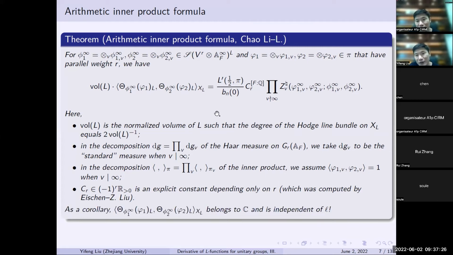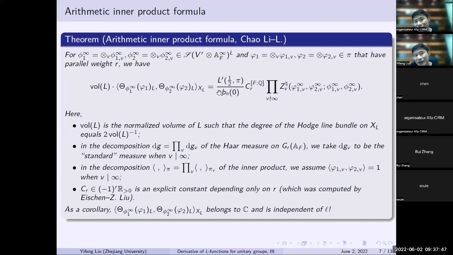So as a corollary, you will realize that the left-hand side a priori depends on L and should be an element in C tensor Q_L over Q. But the right-hand side has nothing to do with L at all. And it's a complex number.